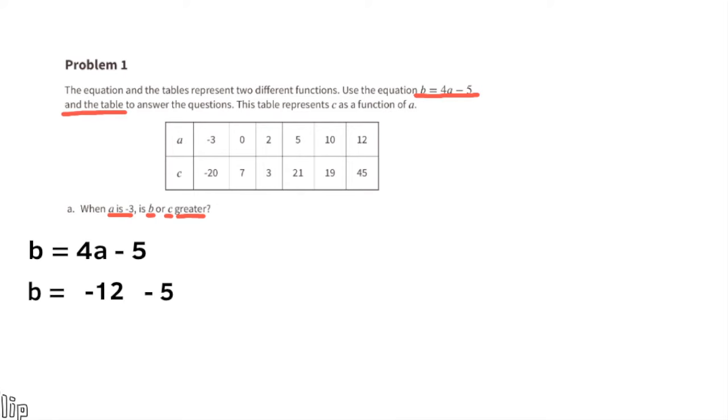And negative 12 minus 5 is negative 17. So in this case, b equals negative 17. The table shows us when a equals negative 3 that c is equal to negative 20. Since negative 17 is greater than negative 20, b is greater than c when the value for a is negative 3.